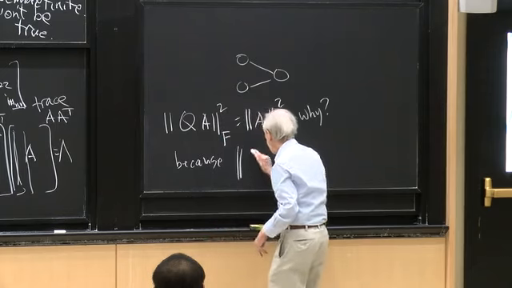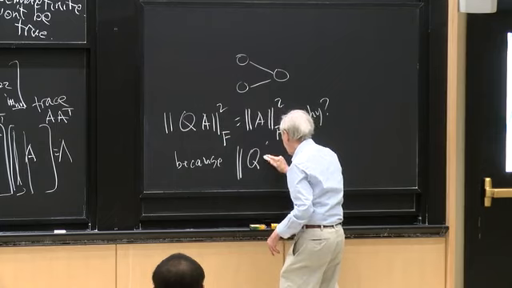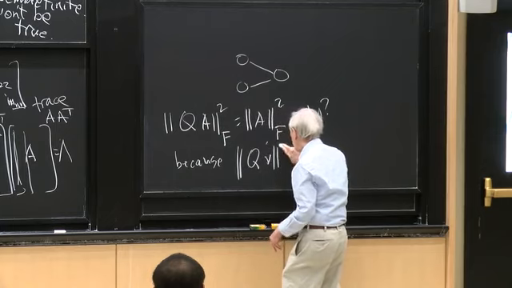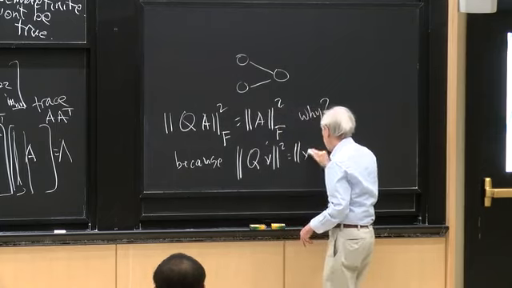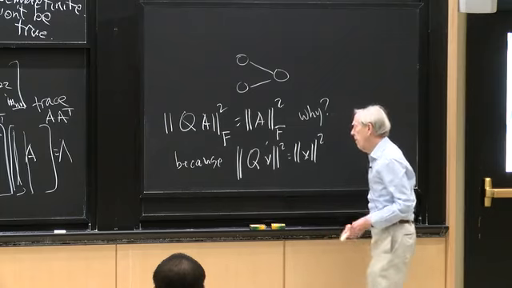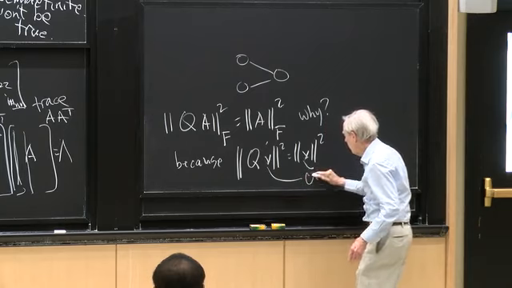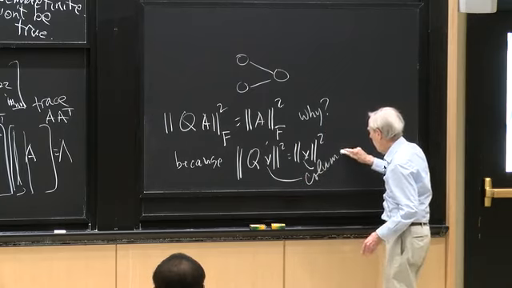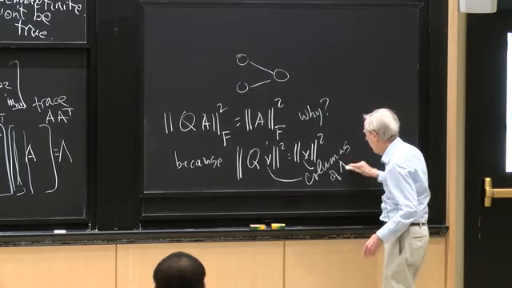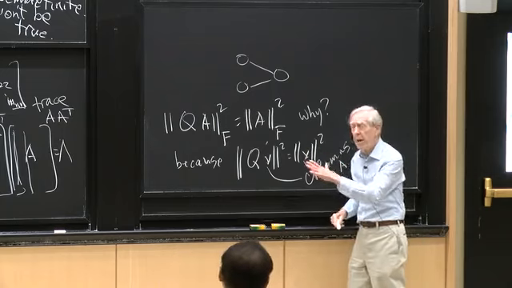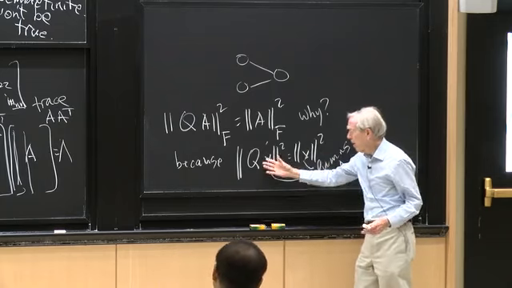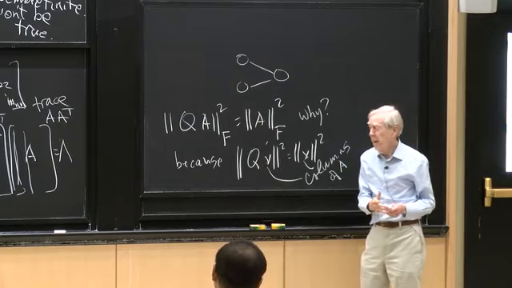That's because the length of Q times any vector squared is the same as the vector squared. And take these to be the columns of A. So column by column, the multiplication by Q doesn't change the length.